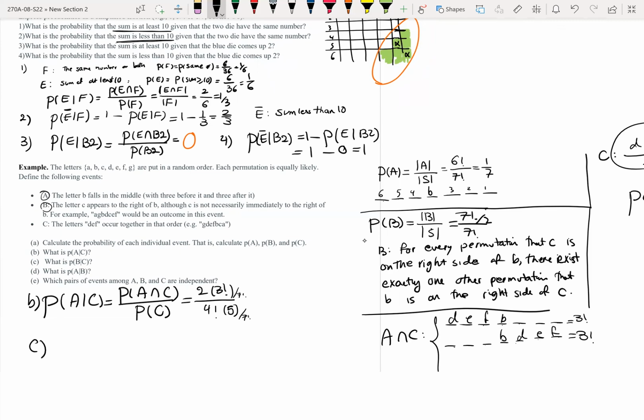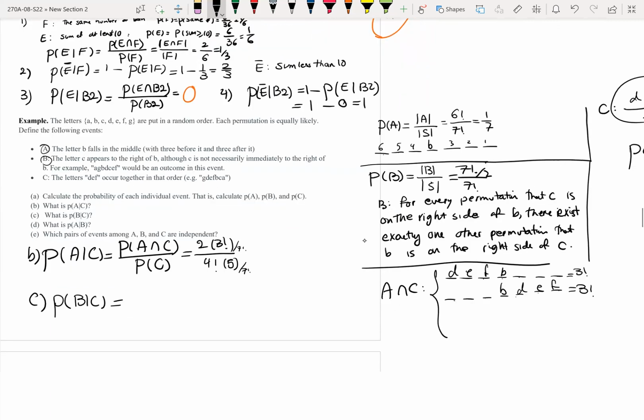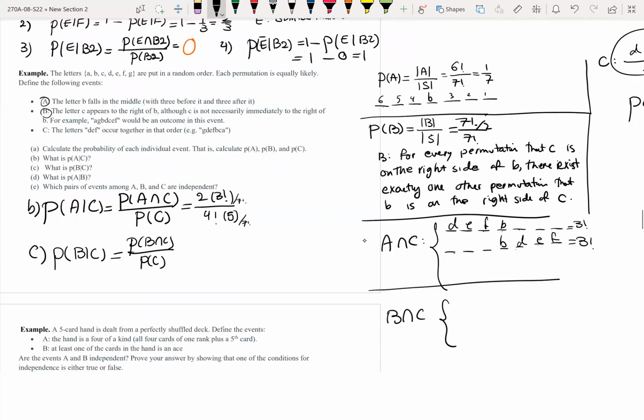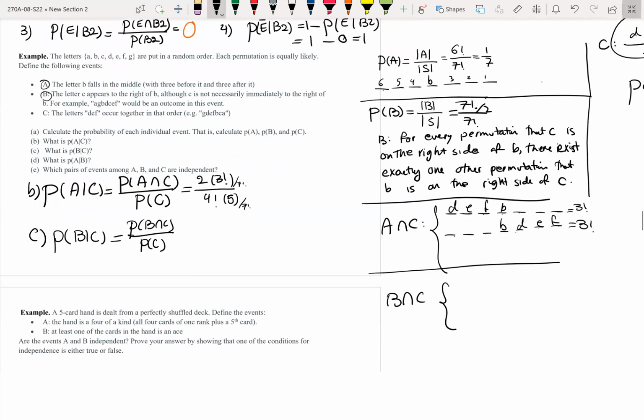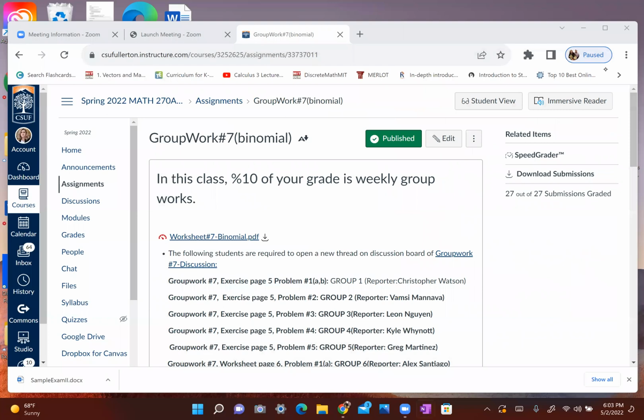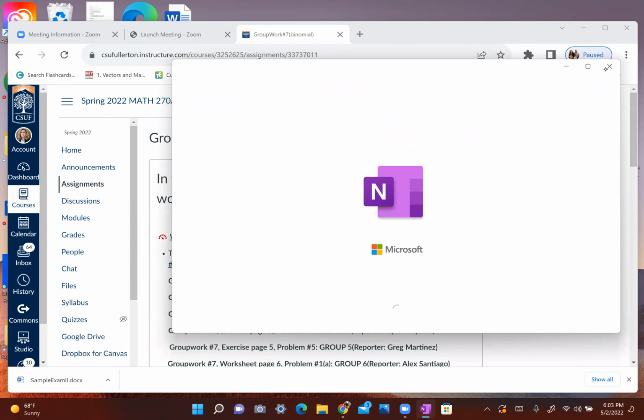So this time, what's the probability of B given C? So let's decide about the intersection of these 2 events. I don't know what's underneath. Let me just close it and open it again. There is something that doesn't show the bottom of my page.